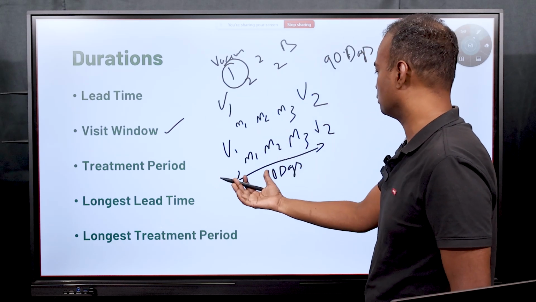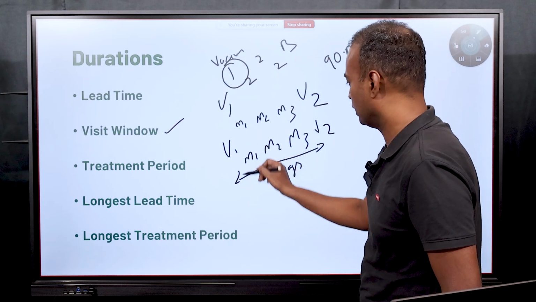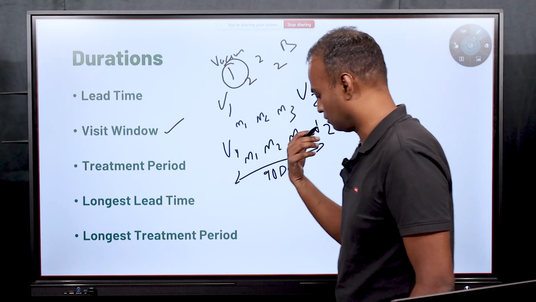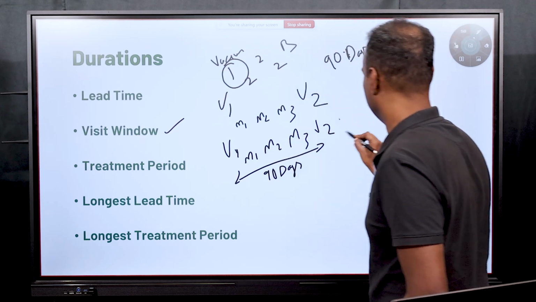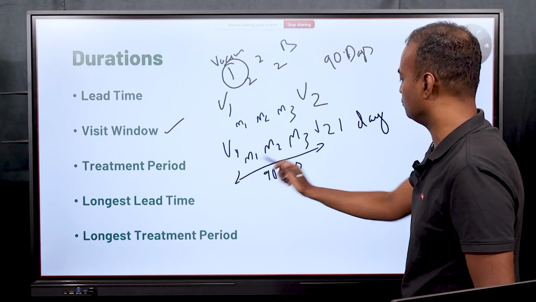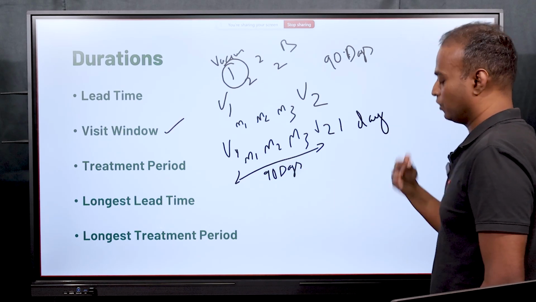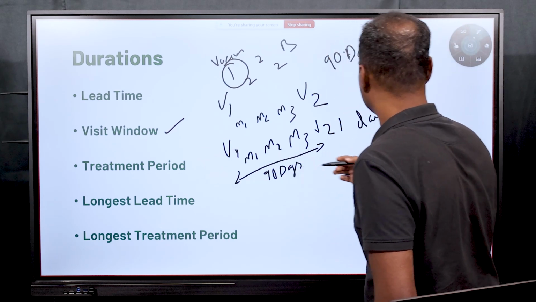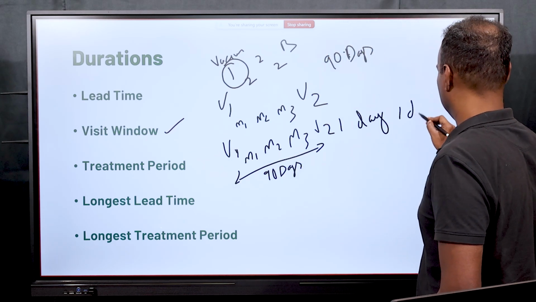When the patient comes to visit 1, the patient is randomized and is given the vaccine only for 1 day, right? He will not be given the vaccine every day for 90 days. So our treatment period is 1 day.